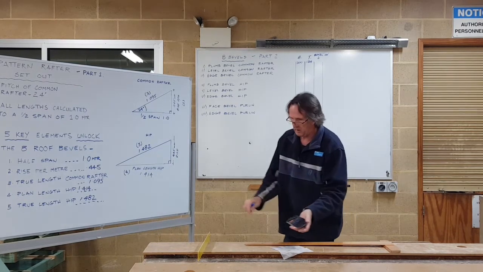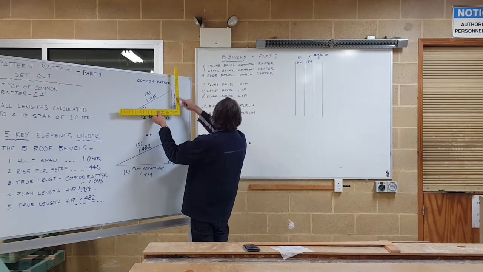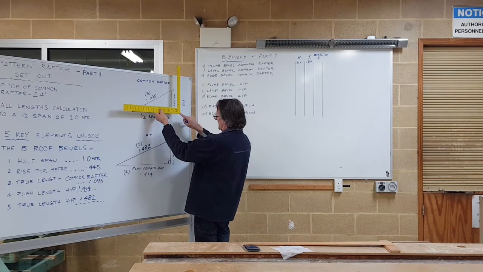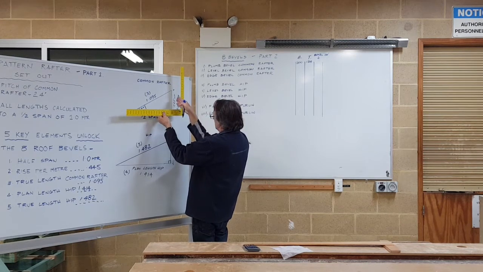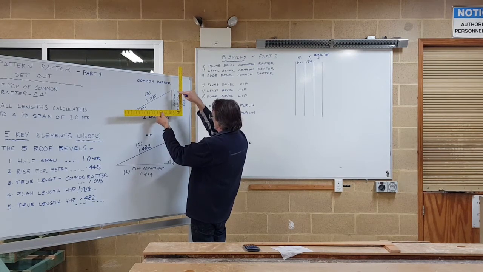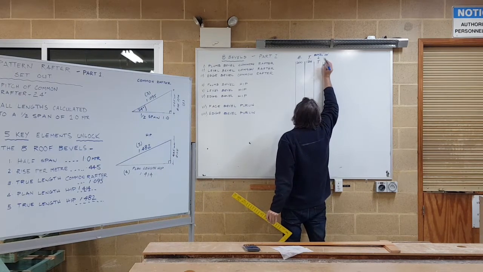And of course, the plumb bevel of those two components, now 134 on the tongue, measured from the outside corner, and 300 on the blade. The bevel will be found on the tongue. Plumb bevel common rafter rests here. So the bevel will be found on the tongue.